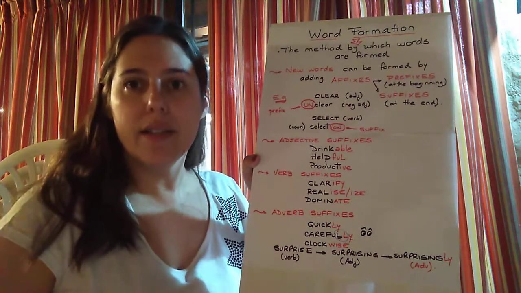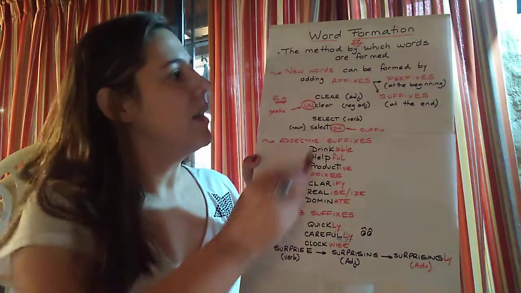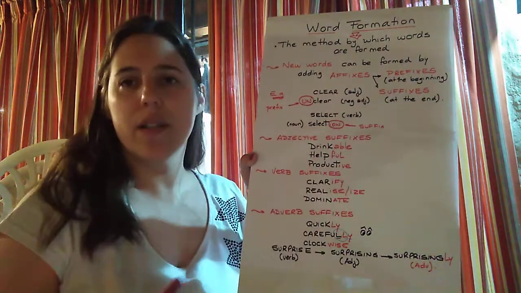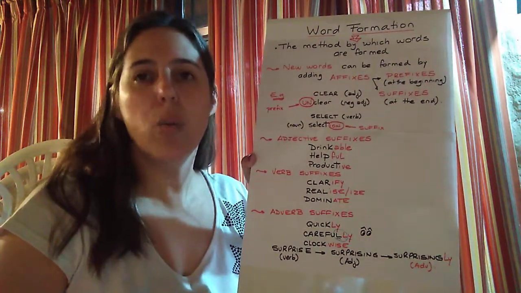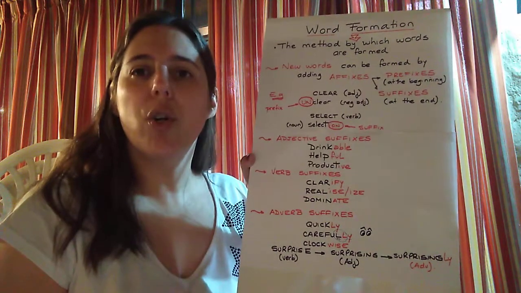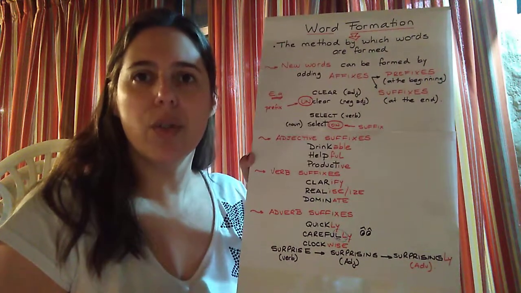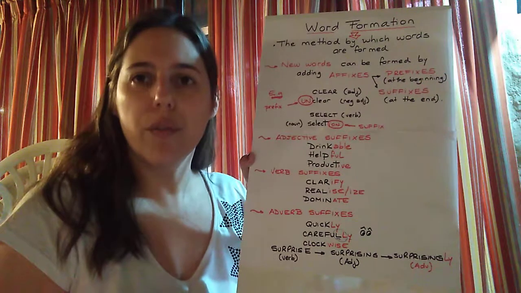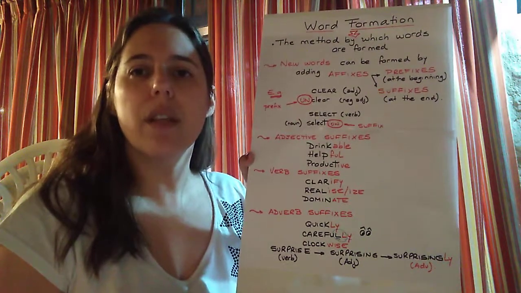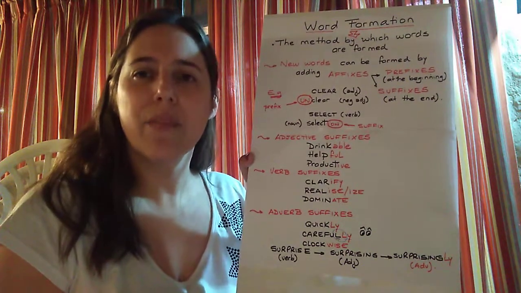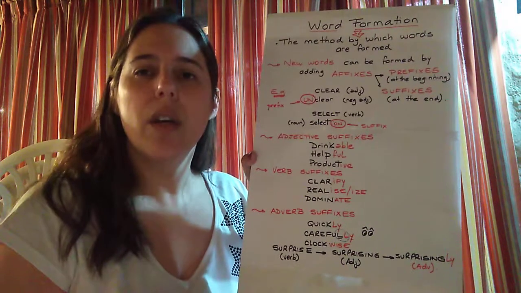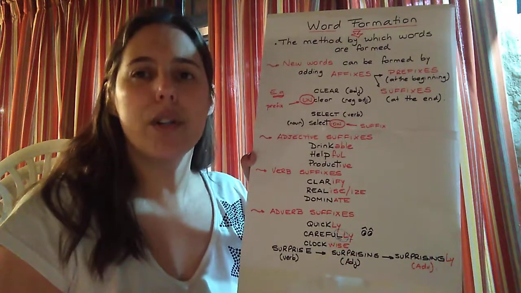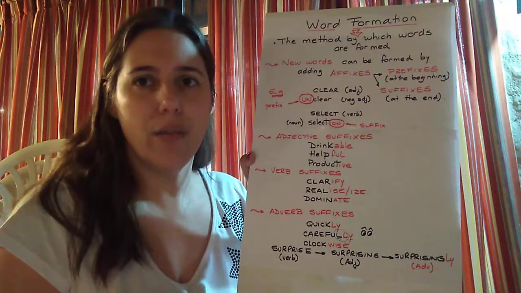There are lists of common prefixes and suffixes with examples that you can work with. Okay? I hope it has been quite helpful for you so that you can now practice word formation. Remember to read the whole text, the sentence, and you need to realize the kind of word that you need to complete the meaning of that sentence.